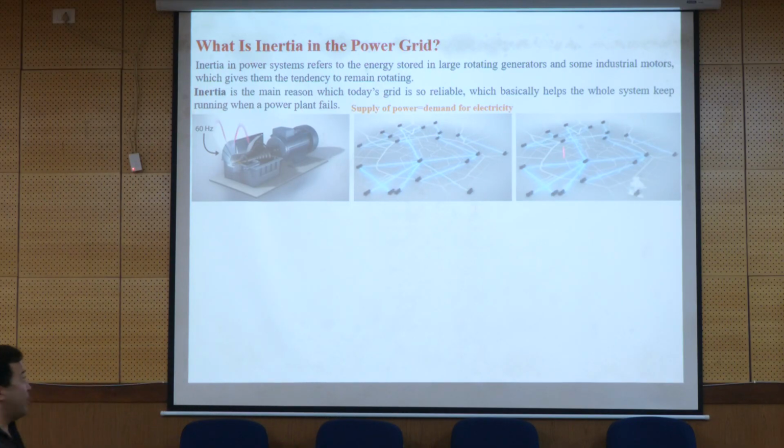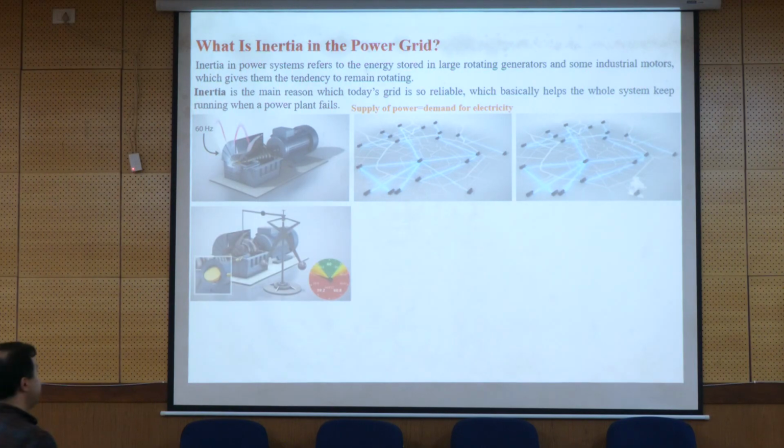So now the generation is under stress because the consumption is more. For this case, we measure the frequency, and for example, if the frequency is 60, we see that it dropped to 59 or something like this.